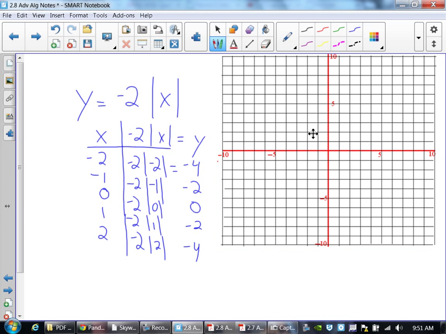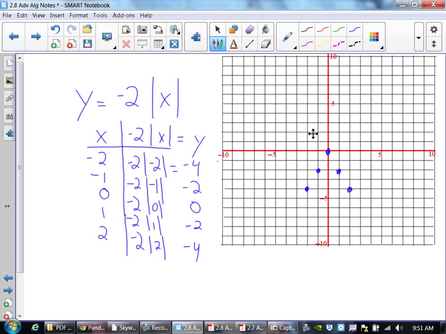At negative 2, we were at negative 4. At negative 1, we're at negative 2. Did I just invert the graph? Yeah. And I inverted it by multiplying by a scalar on the outside that was negative. That's all. It still has the same idea.